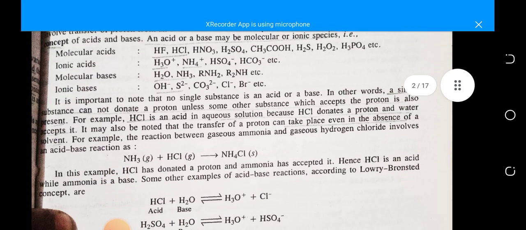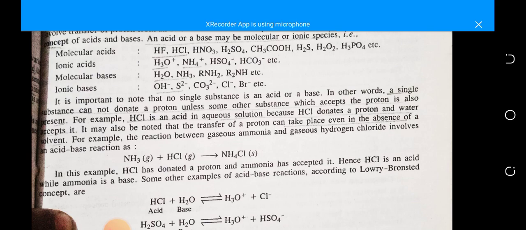It is important to note that no single substance is an acid or base. In other words, a single substance cannot donate a proton unless some other substance which can accept the proton is also present. For example, HCl is an acid in aqueous solution because HCl donates a proton and water accepts it.